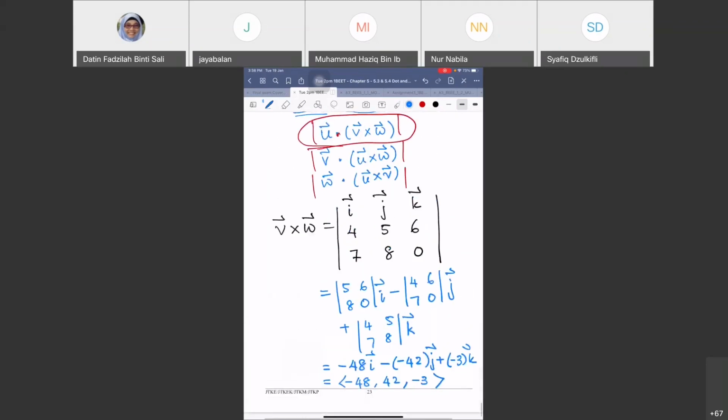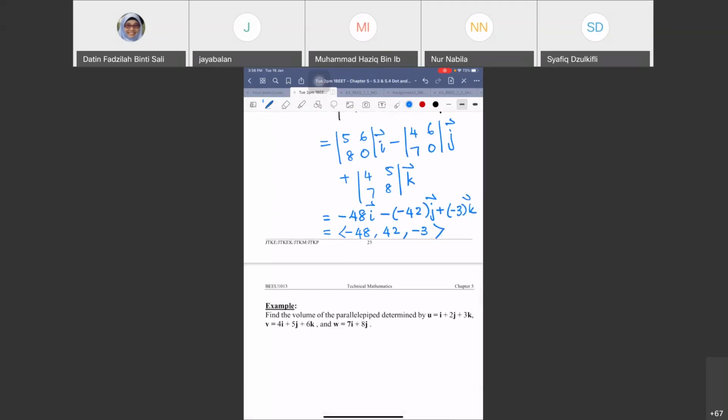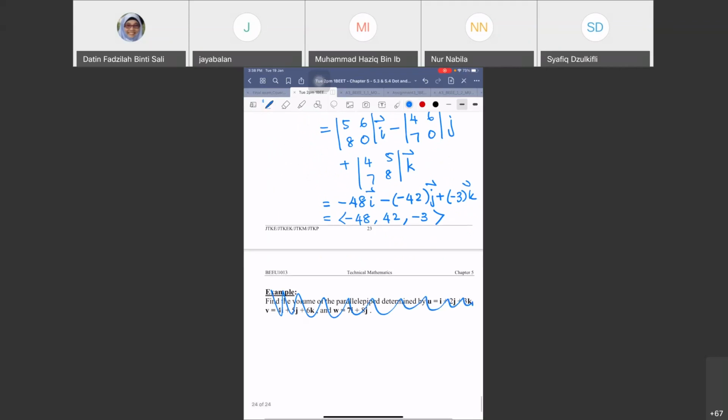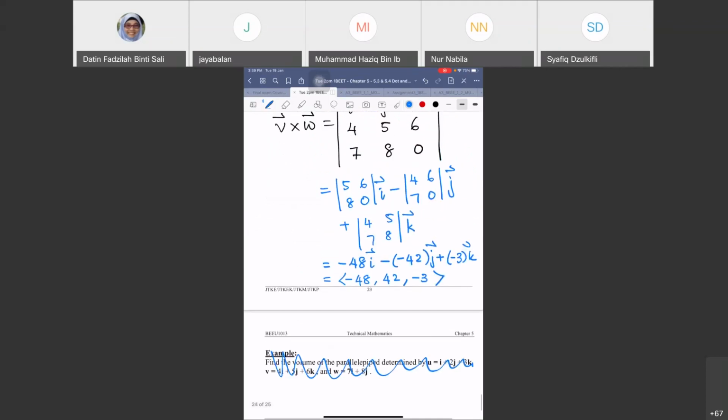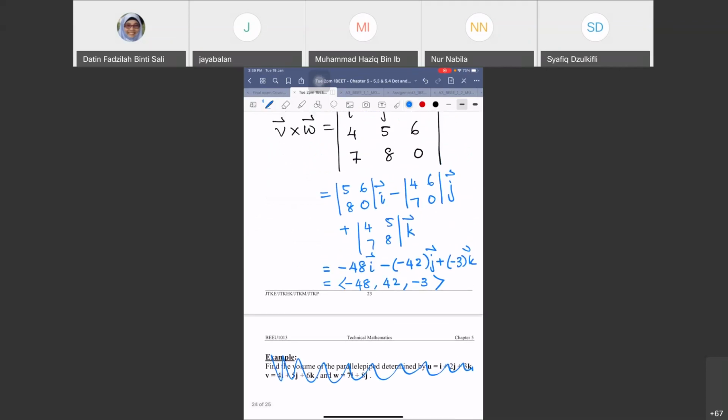You just need to ignore this because another similar question appears. I just need the blank space. So that is our V cross W, vector minus 48, 42, and minus 3.